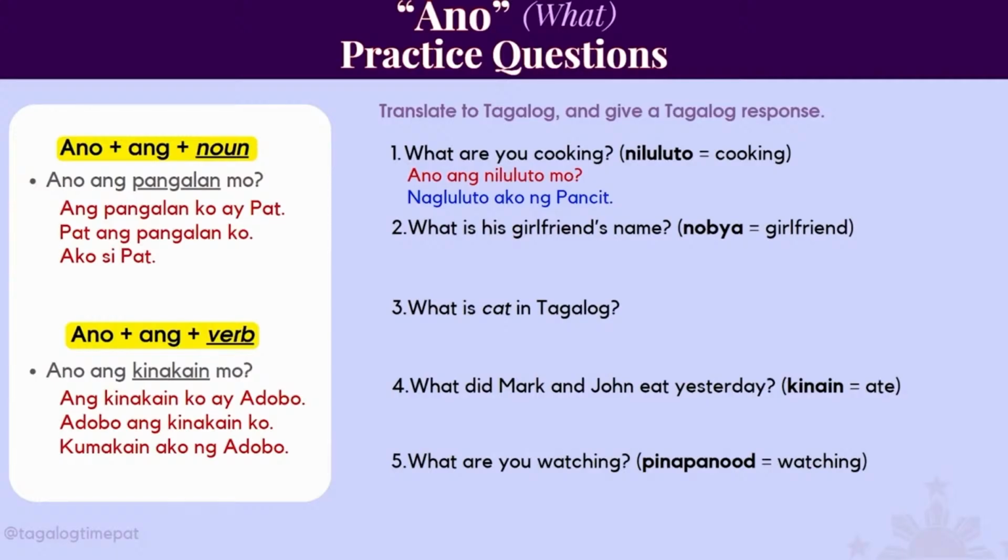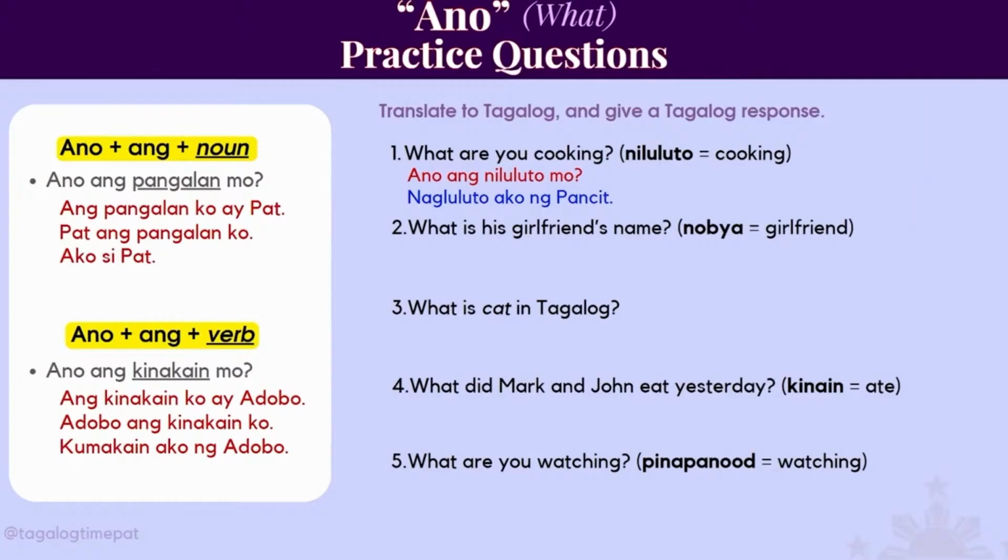But nagluluto is a nag verb. So I will say there are some variations in the conjugations and you might not recognize them, but just try your best and then we'll go over it, okay? And then just follow this pattern when you're making your response as well. Take a look at the examples I did and then see if you can make the examples. You can fill in the example with any answer that you want. So go ahead, pause the video now, and then you can come back and we will go over these questions.